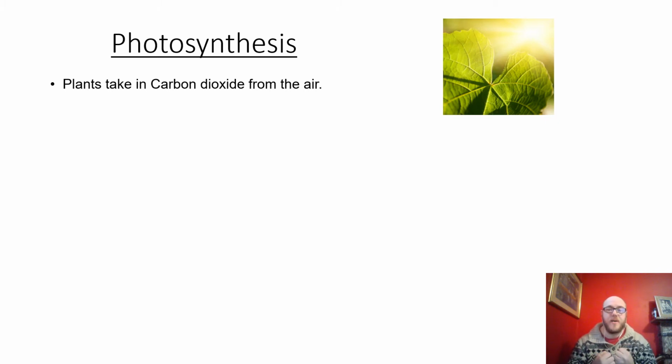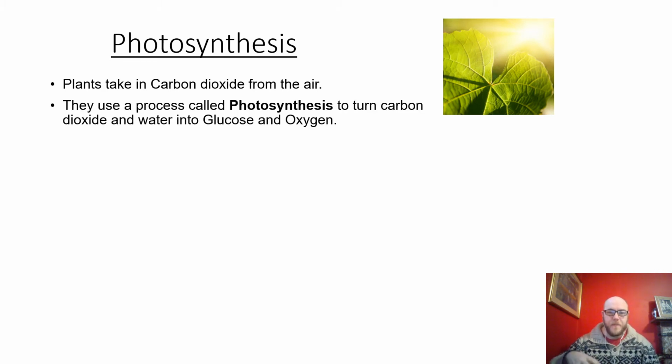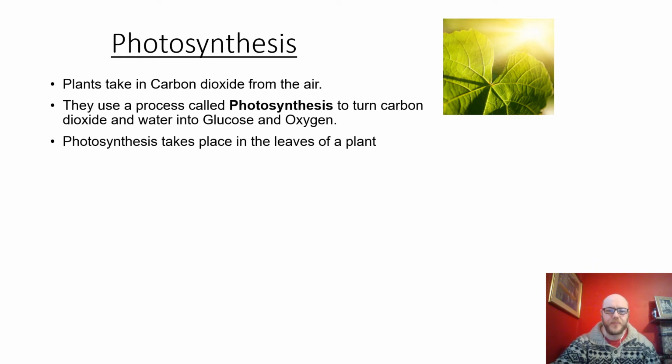That's the important part of the carbon cycle, it's absorbing the carbon dioxide from the air through the leaves. They use photosynthesis to turn that carbon dioxide and the water and the sunlight into glucose, and that gives off oxygen. And that's important because without that, we don't have the oxygen that we need to breathe, and that would be a bit of a problem.